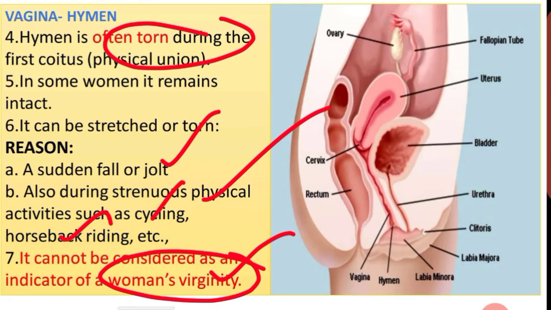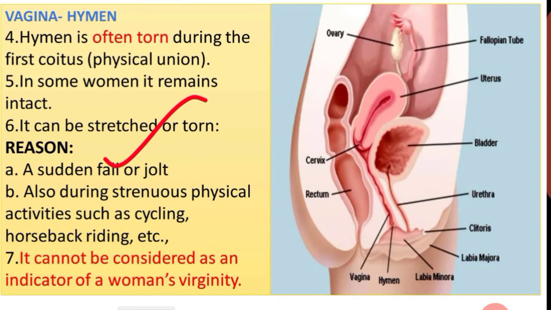So we should not get confused that hymen vaginae is the indicator of virginity, because it may get torn during a fall, during strenuous physical activities, cycling, horse riding, bike riding, running, jumping, because nowadays women, everybody, are participating in different physical activities, right?